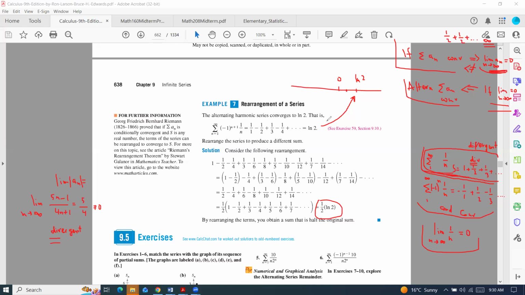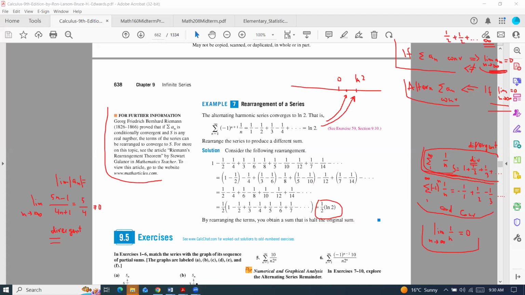How is it possible that there is convergence to here as well as to here? It's an infinite series. And when we get to an infinite type of structure, it behaves in such a way that we cannot comprehend it. And that's what this statement is talking about.